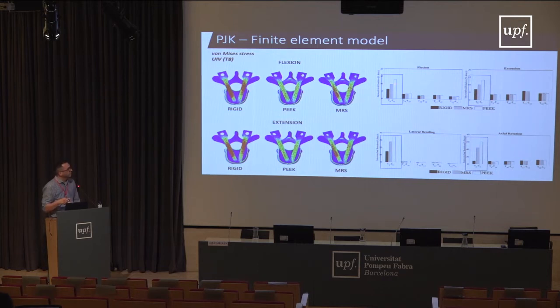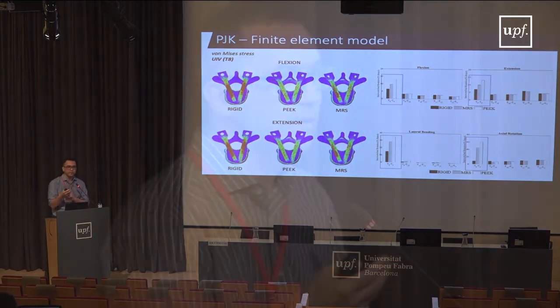On the other hand, the range of motion of the upper instrumented segment was higher in case of this kind of constructs compared to the titanium stabilization. So it can suggest that at the end of the construct there is more mobility. And some mobility can prevent the overloading of the adjacent segment.